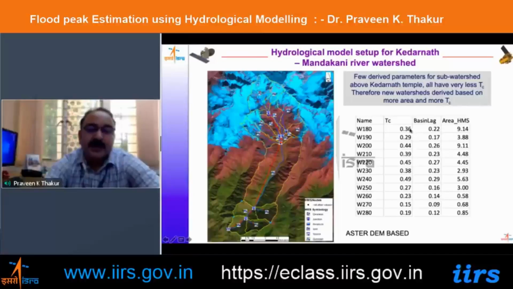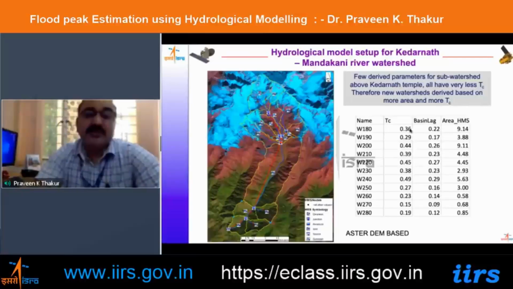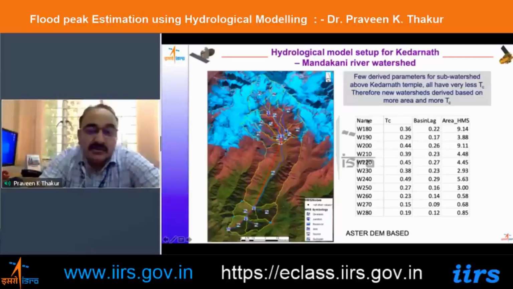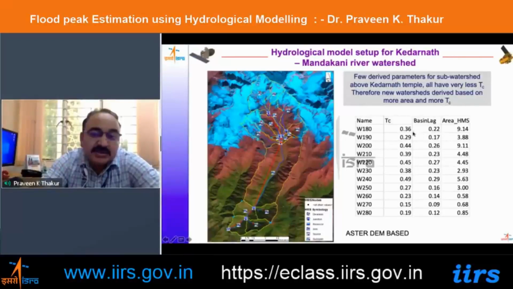The input rainfall is daily, or at maximum available at hourly time scale, so your effective rainfall duration is 1 hour from the observation data. But because your area is very small, your time of concentration is very short, less than half an hour, in some cases 15 minutes. This causes a very small basin lag, so we cannot use the traditional rainfall data here.